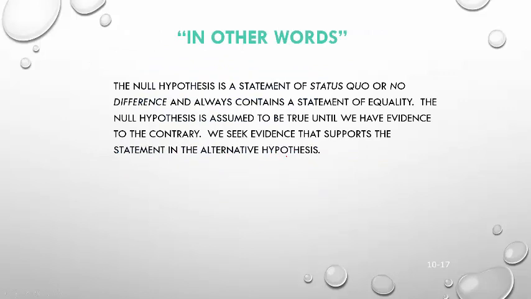So in other words, the null hypothesis is a statement of status quo or no difference, and always, as I said, contains a statement of equality. Always, always, always. The null hypothesis is assumed to be true until evidence to the contrary. So we seek evidence that supports the statement in the alternative, as I've been saying. So the null is always a statement of equality.